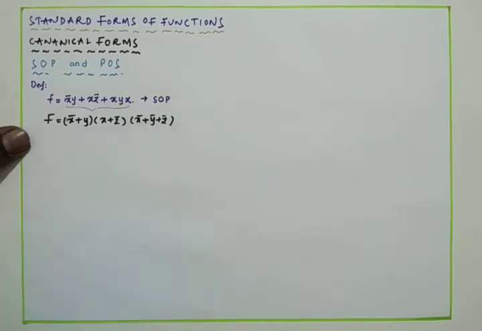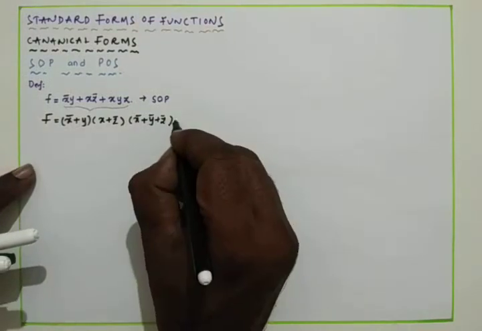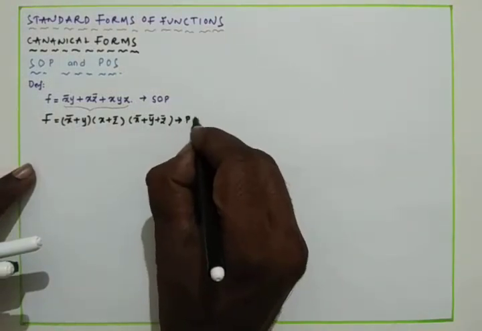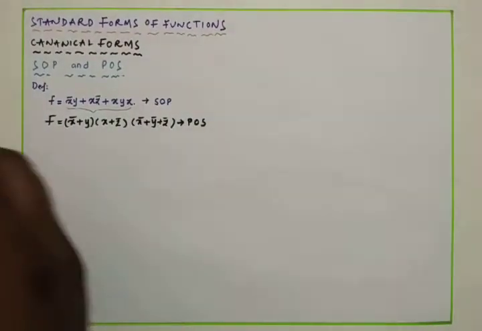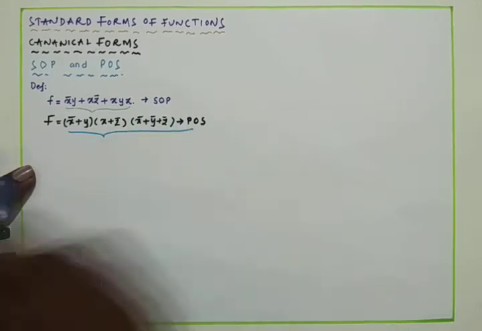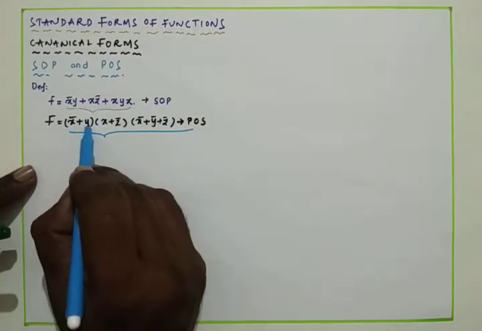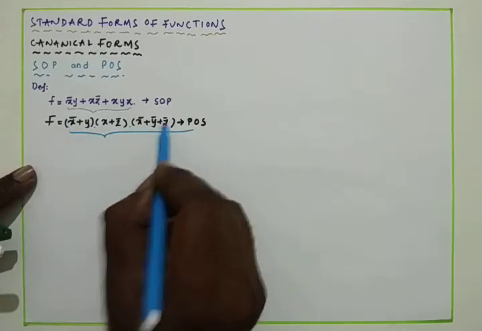Assume that. It is the best example for POS. In total, it is a product of sums. This is a sum, this is also a sum, and this is also a sum.